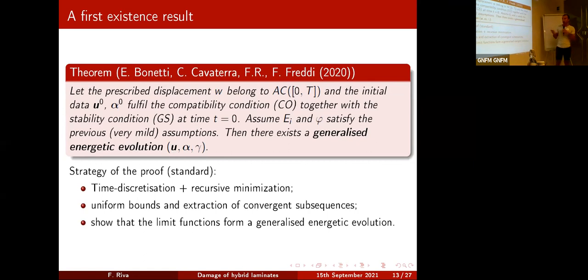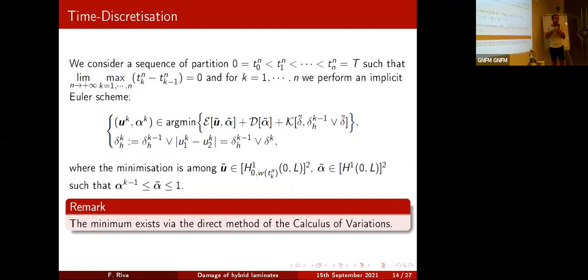Okay, so I'll be quick in the following slide, since this for mathematicians is quite standard, and for non-mathematicians it's not very interesting. However, I want to explain this algorithm because for numerics it could be interesting.